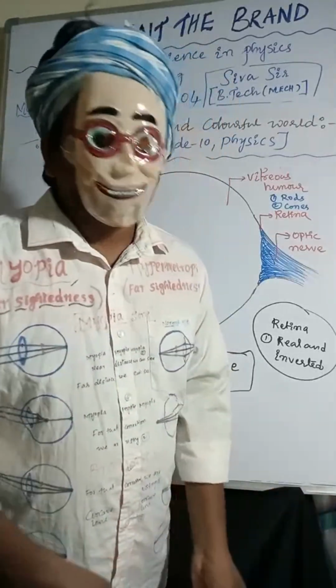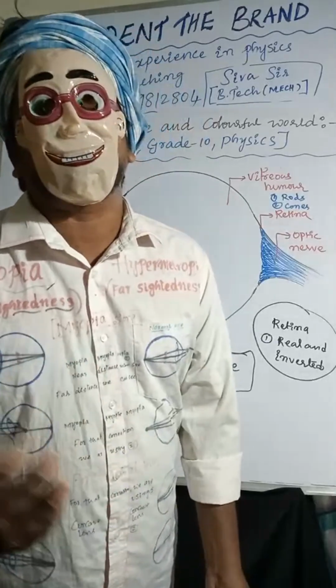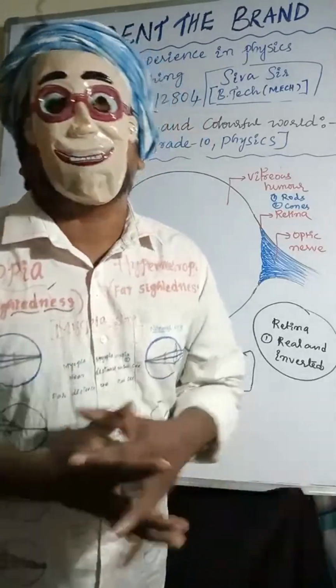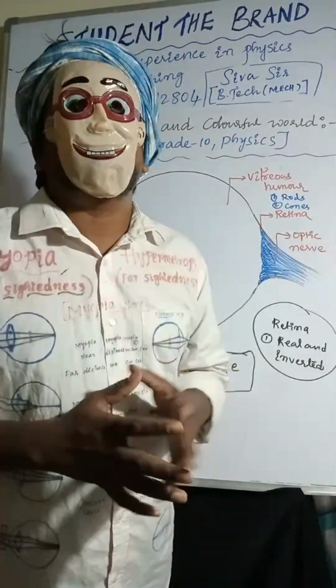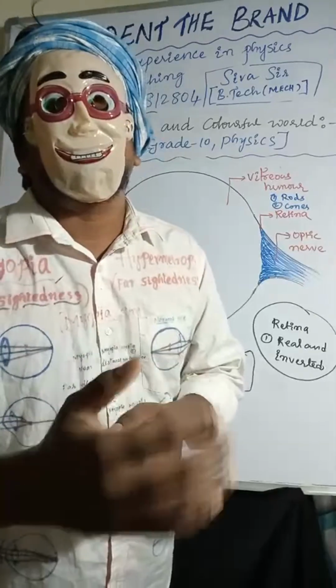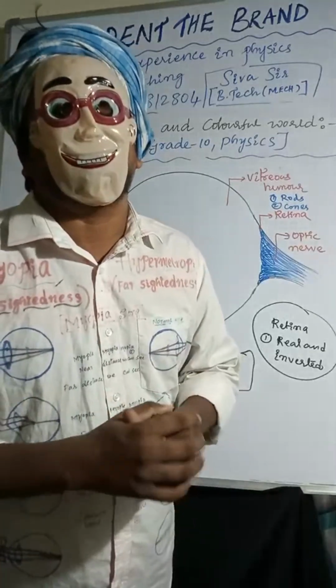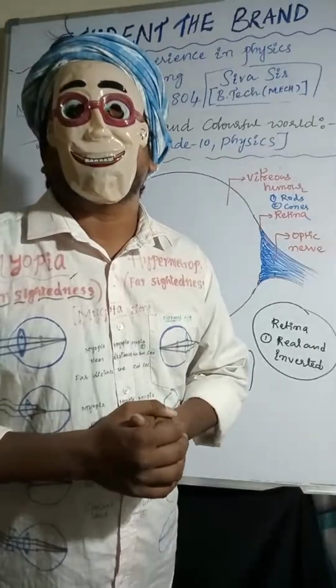Now, power of accommodation. The ability of the eye lens to adjust its focal length to allow the light to pass inside is called power of accommodation.